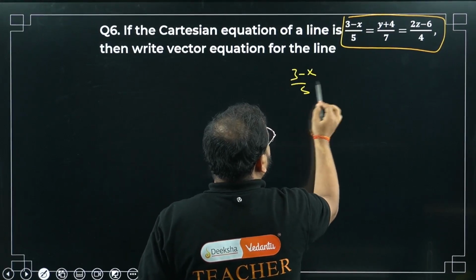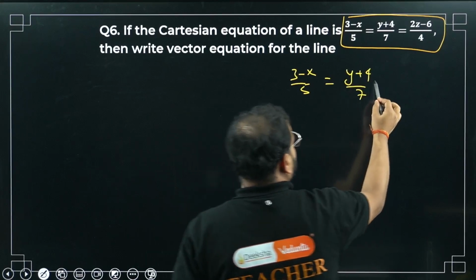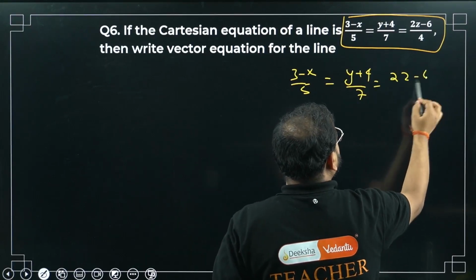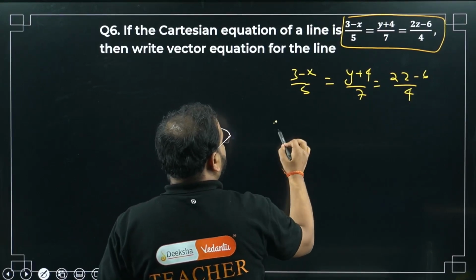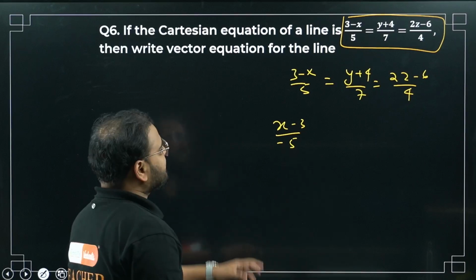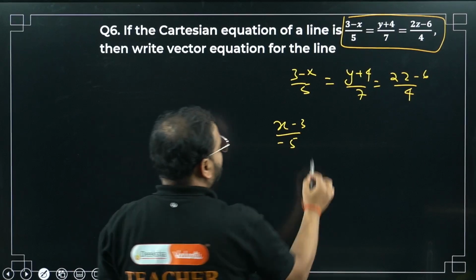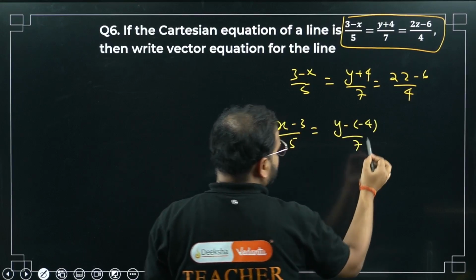First write this, y plus 4 upon 7, 2z minus 6 upon 4. Now take the minus sign common over here. What I get, bacha? I get x minus 3 by minus 5. Correct? I can take the minus sign common and bring it to the denominator. Over here, y plus 4 upon 7.